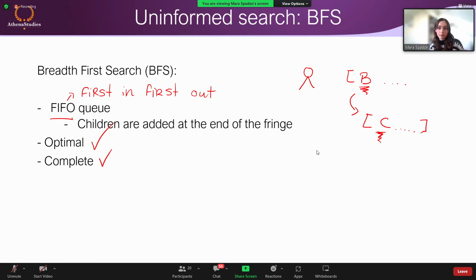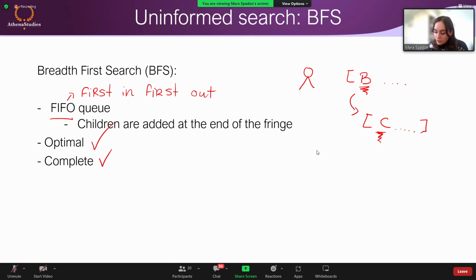What I knew is that breadth first search is complete. Let's see. Okay, it says here that there's one condition for the completeness. So breadth first search is always complete if the graph is finite, right?